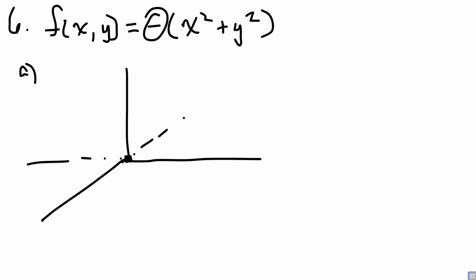We can look at when z is -1, and we're going to have a circle there.